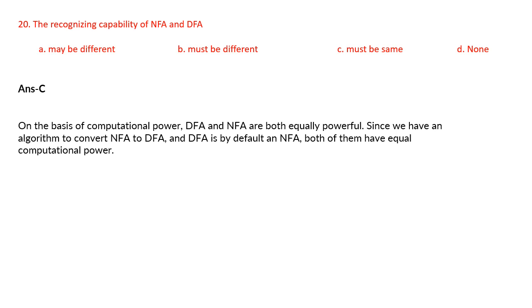But if I talk about computational power, NFA and DFA both have the same capability. We can perform all the operations with the DFA which we can perform with the NFA. So both have the same capability. So the answer of this question will be C, must be same.